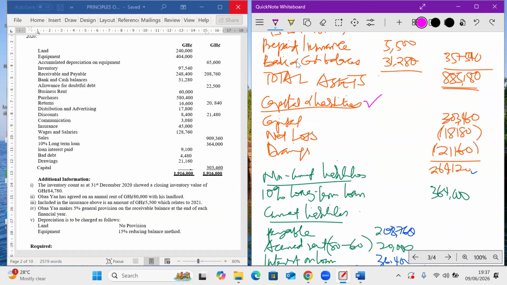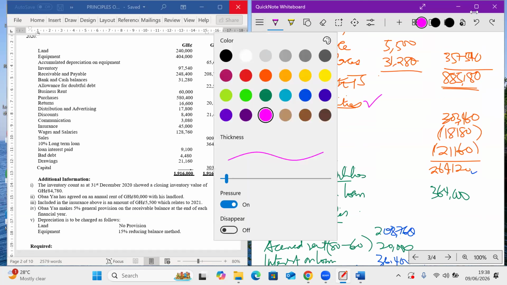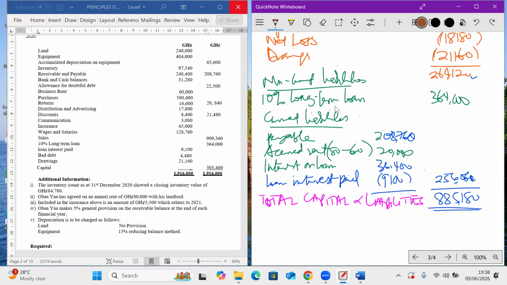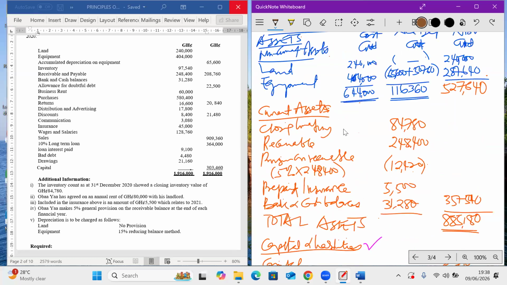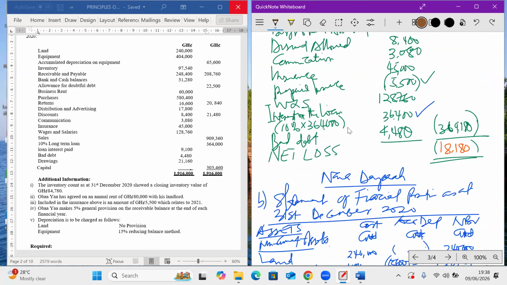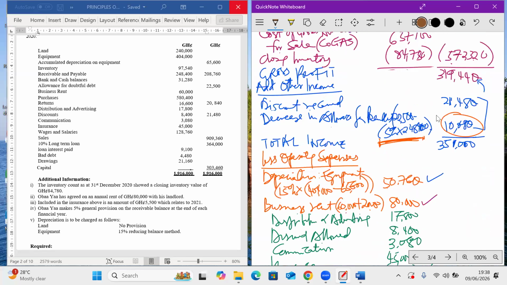Yes. Let me use a different highlighter. Okay, this is okay. So let's see. Inventory is here, closing inventory is here in the balance sheet. Let's check the P&L. It's also here. Twice, right?